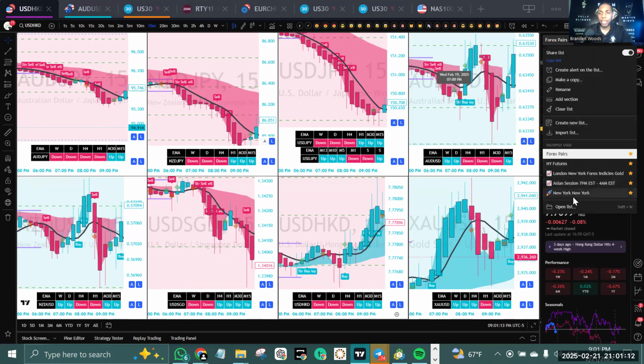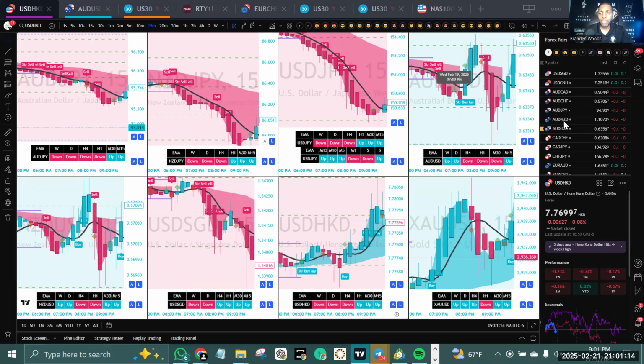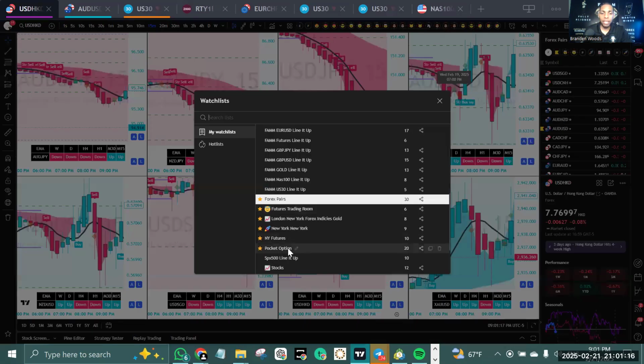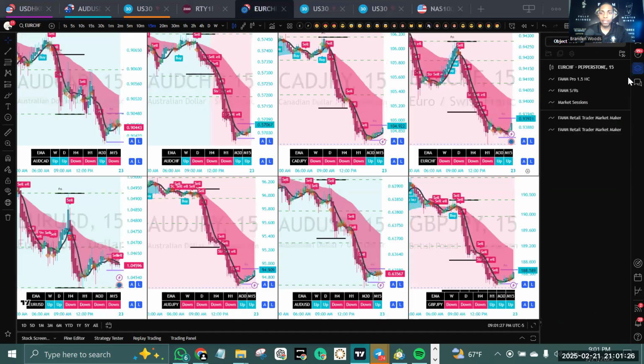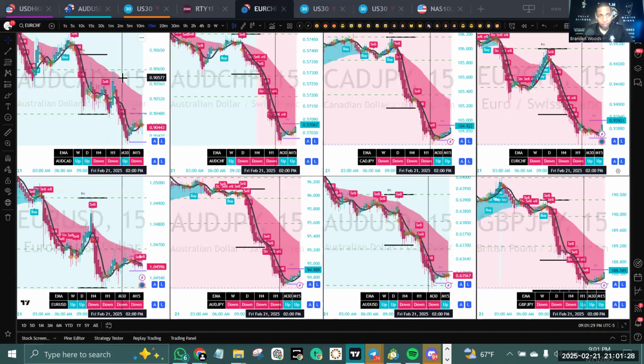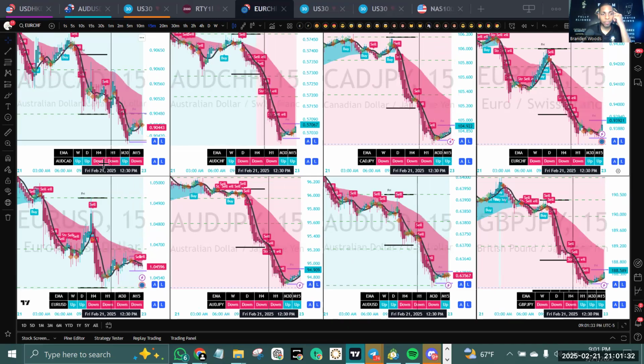Now, if you like binary options, if you trade binary options, we have a layout for that. It's called pocket option or binary options. And then you'll have all the pairs that are there for them on a regular basis. And you can do that on the 5 minute. Just ask me about the risk management for that.